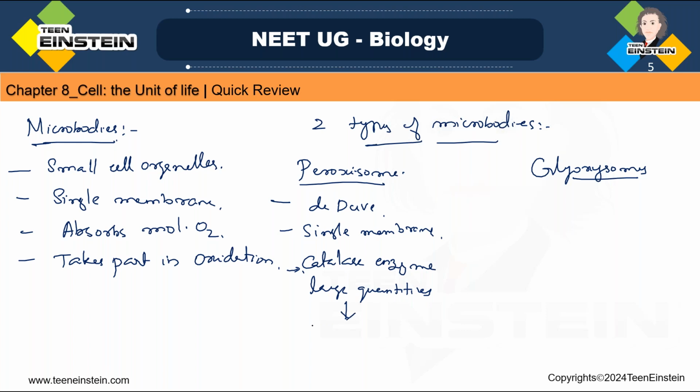This catalase enzyme will help to convert hydrogen peroxide, which is toxic. So this toxic hydrogen peroxide will get converted into what? Water and oxygen. They get converted into harmless water and oxygen.